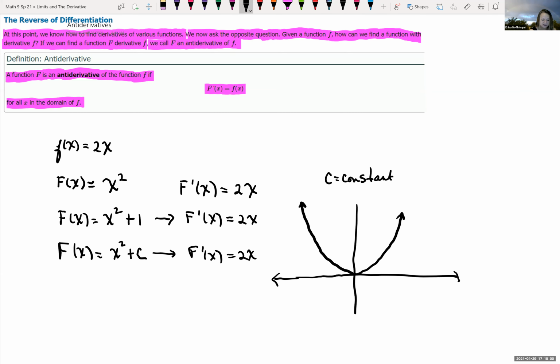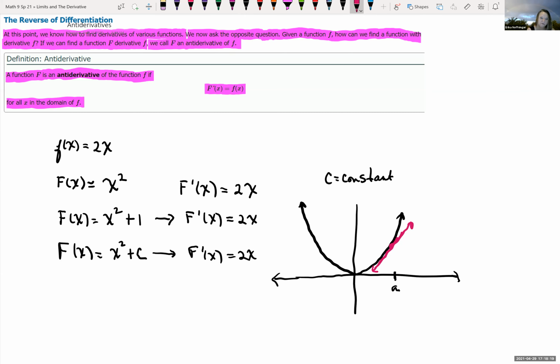Let's say I wanted to find the slope right here at a. I would go up to my graph and find the slope of the tangent line there.